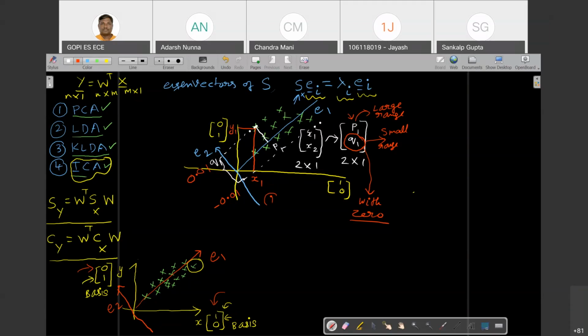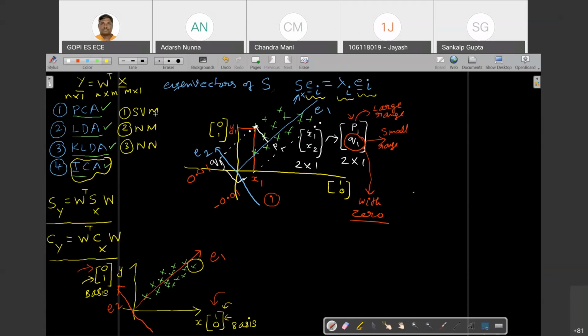This is what we call the data representation with a smaller number of elements, and hence further we can use it comfortably for classification, either it is an SVM or nearest mean or nearest neighbor. So we have different classifiers. We are going to cover them in the coming class, but I'm just saying that nearest mean, and then we have nearest neighbor.